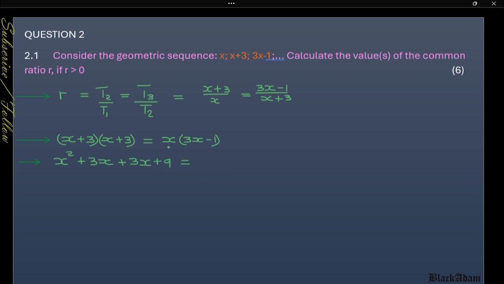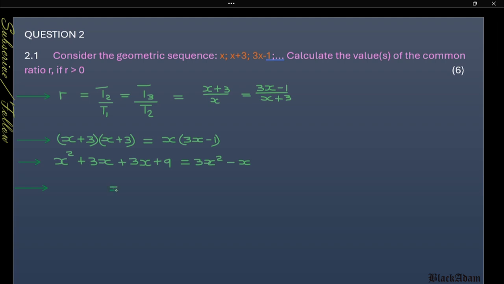That will be equal to 3x squared, and then we have 3 times negative 1, that's negative x. So we bring the like terms together.